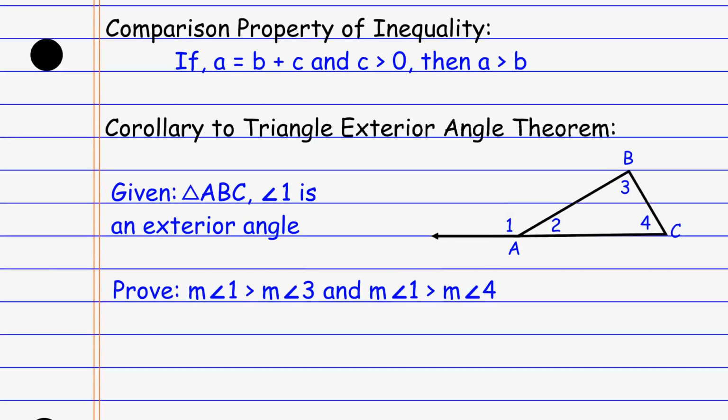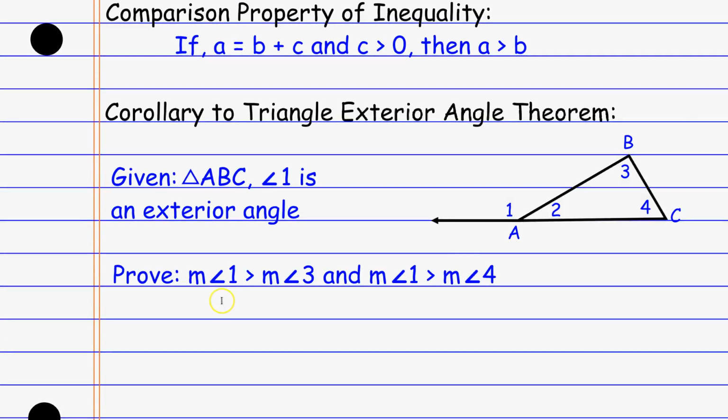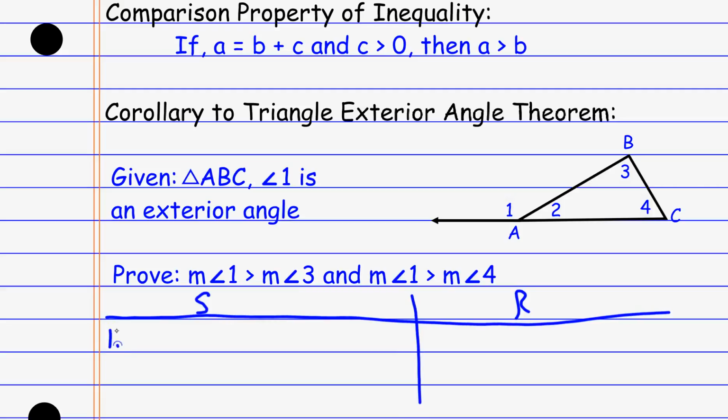So I'm going to set this up in terms of my statements and reasons. I'm going to do a two-column proof. And I always start with what's given. So first of all, that I have a triangle and that angle 1 is exterior.